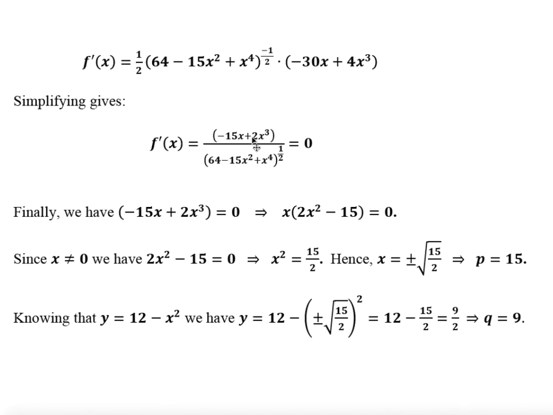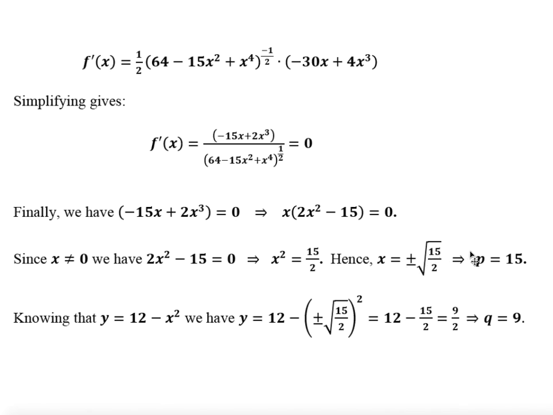So you're really just looking at where that numerator is equal to 0, and when you factor out the x and take a look at what's left over and play it through, it looks like x is equal to plus or minus the root of 15 over 2.